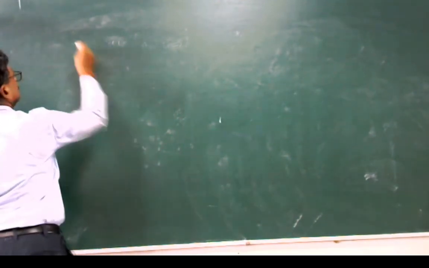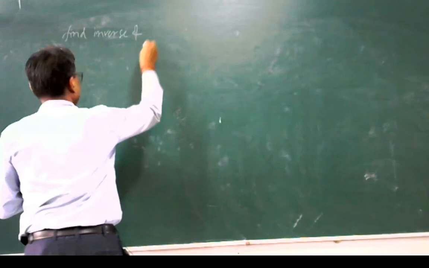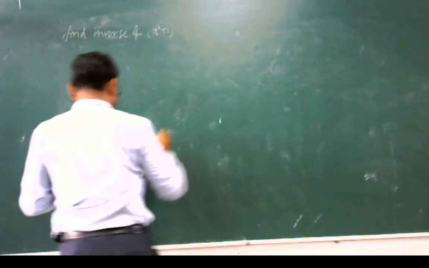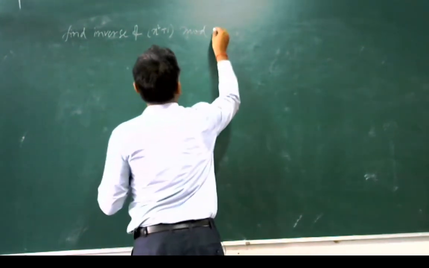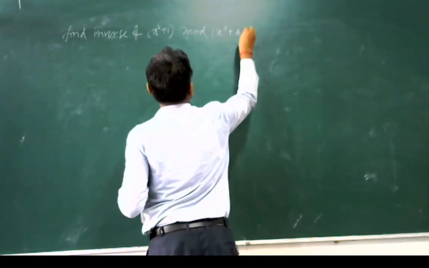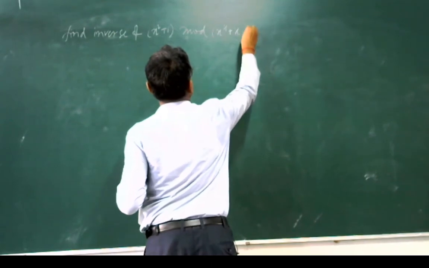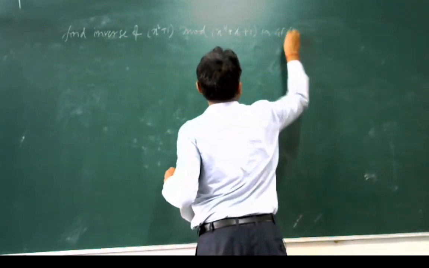For example, if you have to find the multiplicative inverse of x square plus 1 mod, जहाँ mod value दी हुई है x to the power 4 plus x plus 1 in GF of 2 to the power 4.